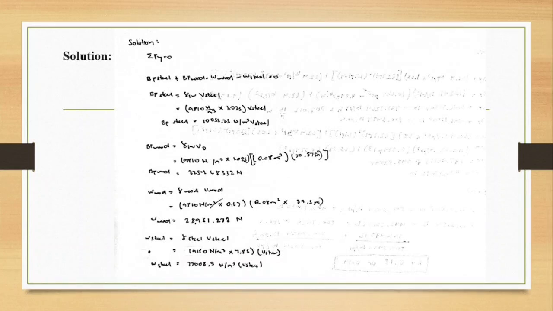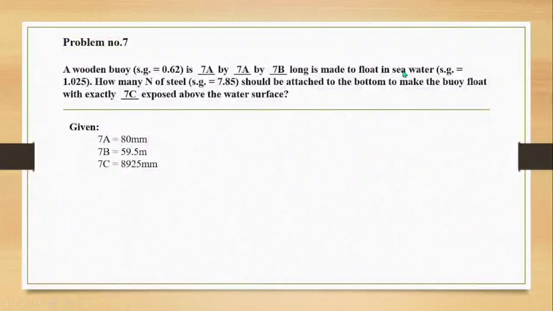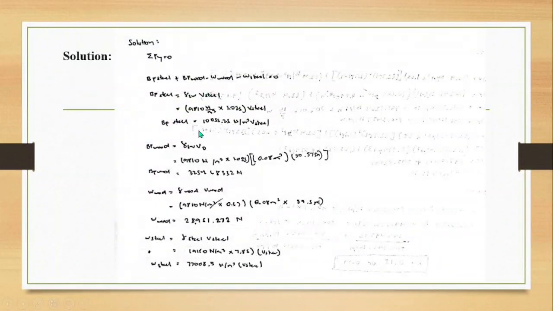Buoyancy steel equals specific weight times V steel: 9,810 Newton per meter cube times 1.025 times V steel. 9,810 is a constant value, and 1.025 is the SG of seawater, which is given. Multiplying these, our BF steel is 10055.25 Newton per meter cube V steel.